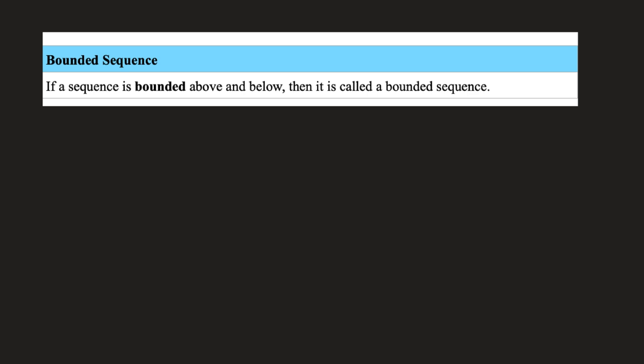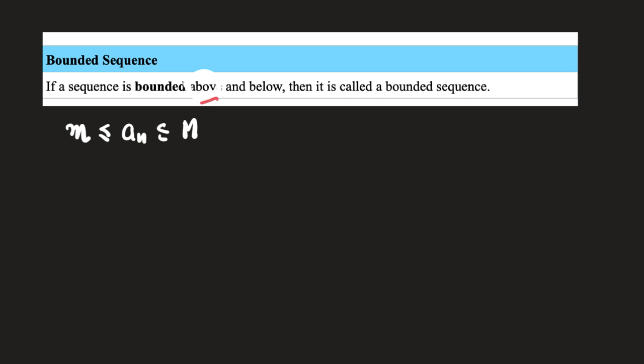The next important definition of a sequence is bounded. A sequence is bounded above and below, which means the sequence A_n is less than some number and greater than some number. That's what we call bounded: bounded above, bounded below.